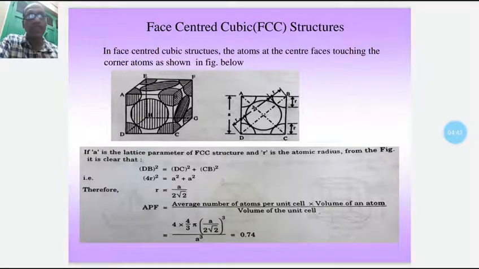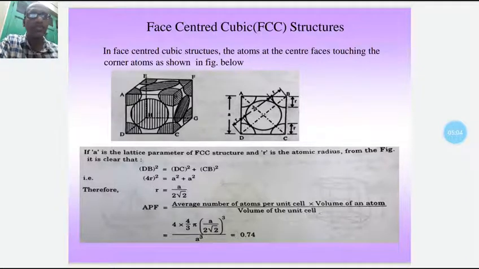Now APF will be the average number of atoms per unit cell times the volume of an atom, divided by the volume of the unit cell. The average number of atoms per unit cell for the face centered cubic structure is 4, as we have discussed.